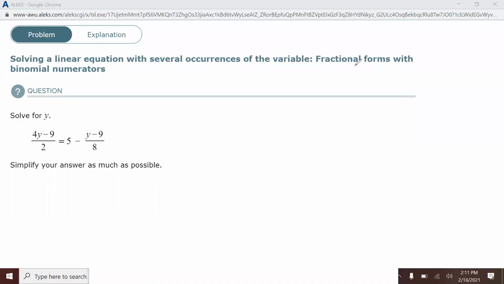Once again, there are fractions in an equation, and so I want to get rid of them. So I first determine the least common denominator. The smallest number that 2 and 8 divide into is 8. So I multiply both sides of the equation by the least common denominator.